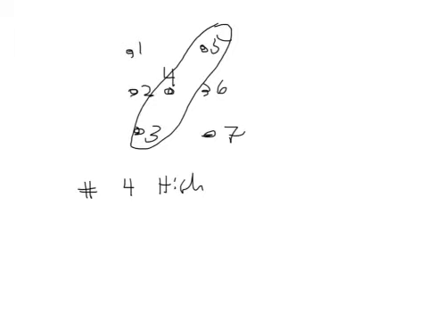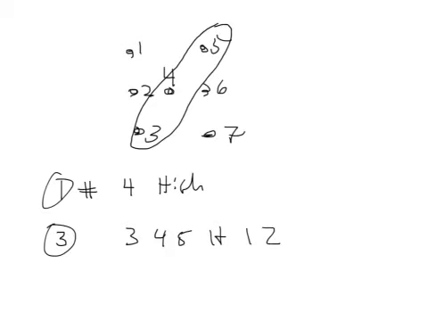So I'm going to say in this case that if I want to represent the number 3, I'm going to go ahead and use 3, 4, and 5 are going to be high. I'll use a shorthand here. And the rest of that, 1, 2, 6, and 7 are going to be low. All right? So just to kind of show you how I might represent that.